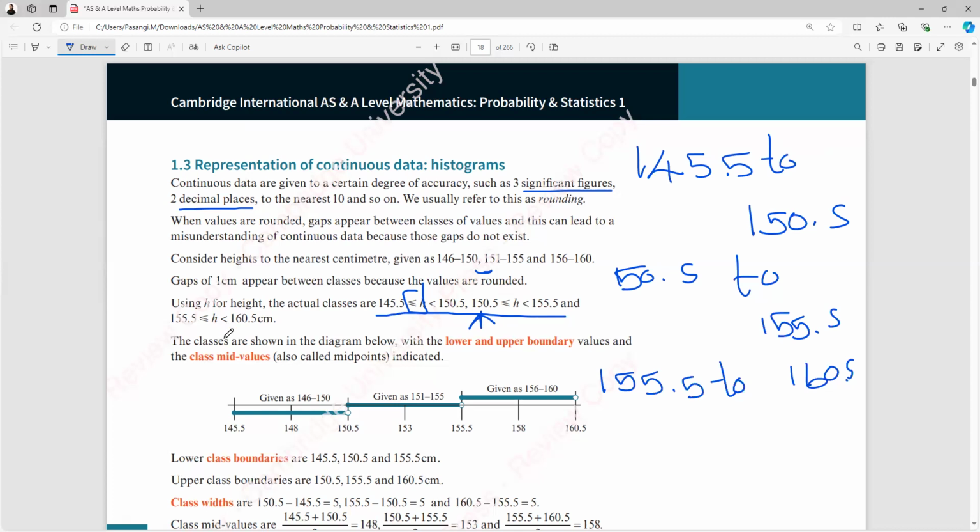The classes are shown in the diagram below with the lower and upper boundary values and the class mid values, which we call the midpoint, indicated. How will it happen?